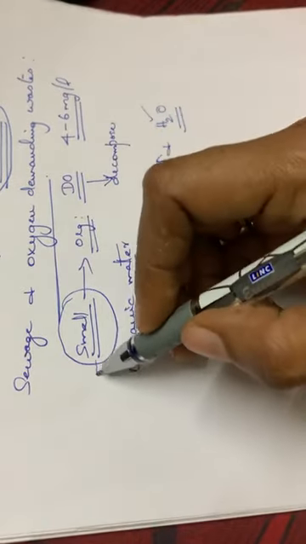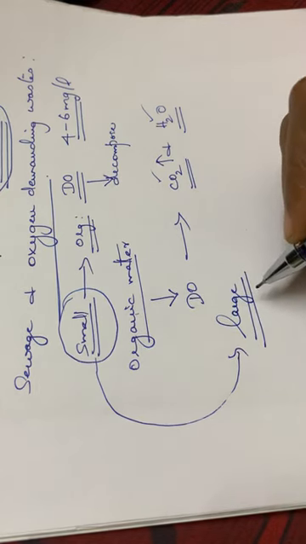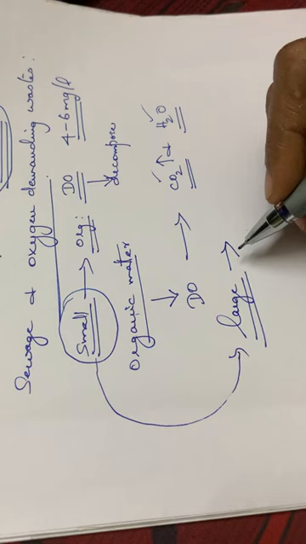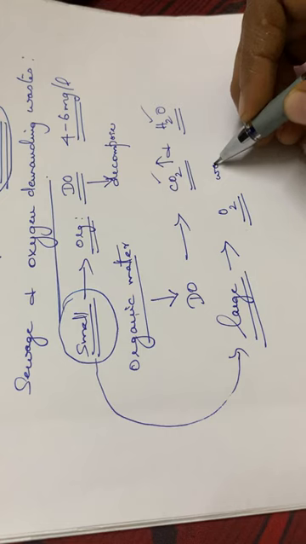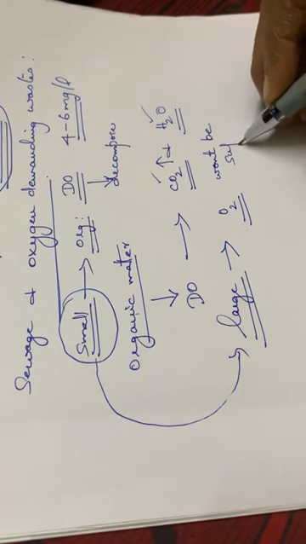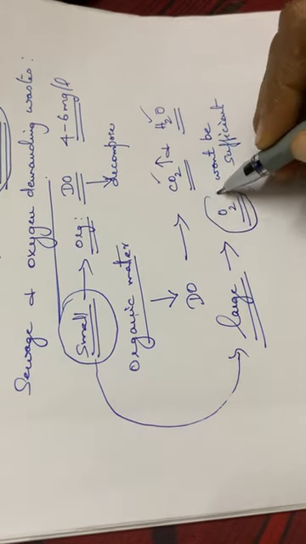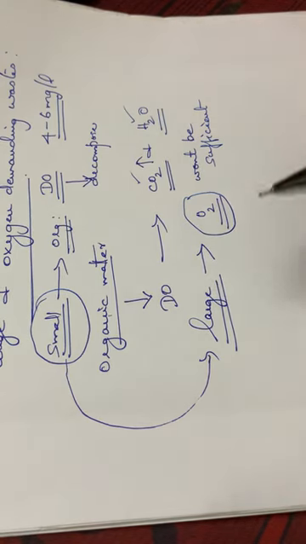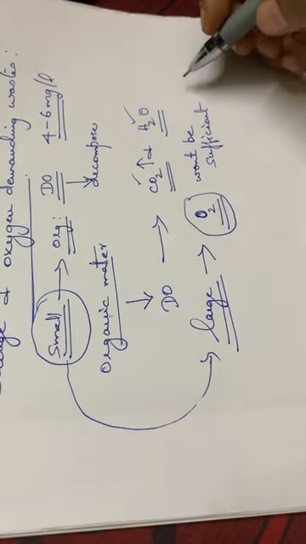But suppose the organic content in the water body is very large, so much sewage waste or oxygen demanding waste is dumped into the water body. The amount of oxygen present will not be sufficient for the bacteria to decompose it, so the waste will not be oxidized properly.